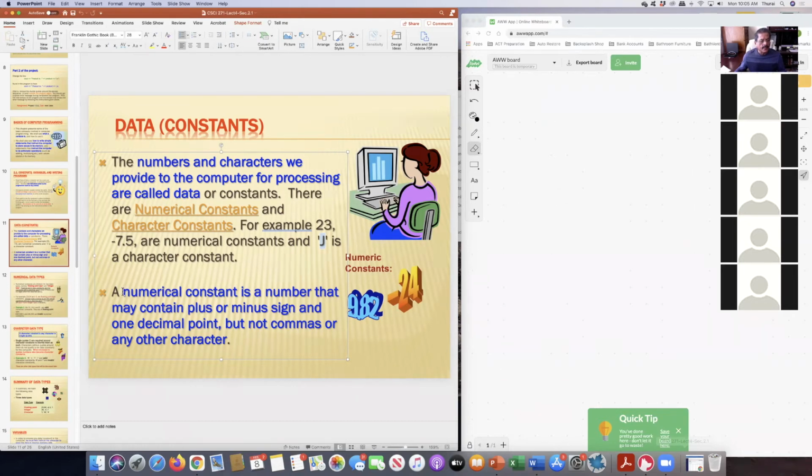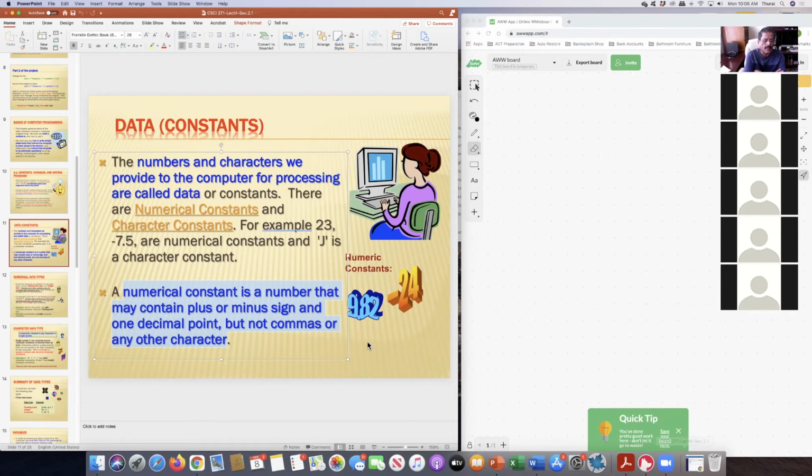Now let's understand the numerical constant. What the computer can accept as a numerical constant would be a number that may contain a plus or minus sign at the front and a decimal point somewhere. That's all you can have. The only characters allowed in a numerical constant would be plus or minus in the front and a decimal point somewhere. No other characters will be allowed.